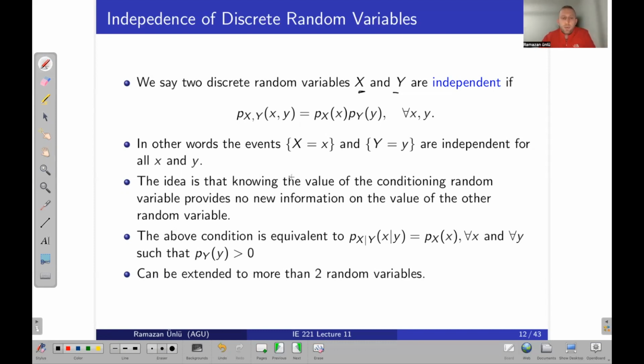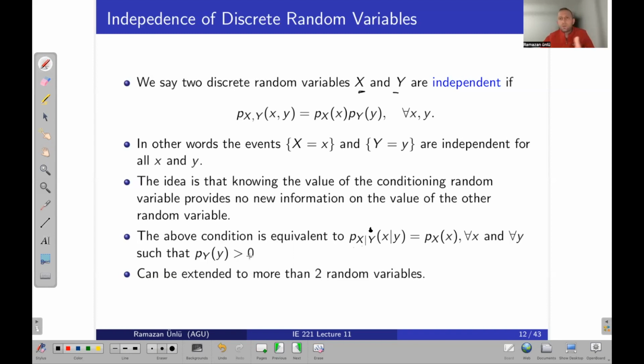The above condition is equivalent to the probability of X given Y being equal to the probability of X. Why? Because the conditioning event will not give any extra information about X. That's why the conditional PMF will be equal to the unconditional PMF of X, for all X and Y such that the probability of Y is strictly positive.